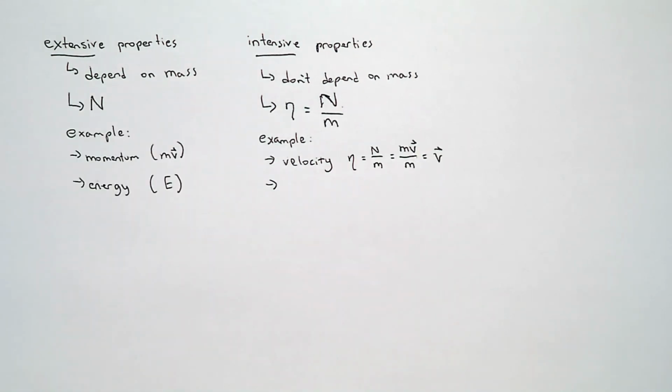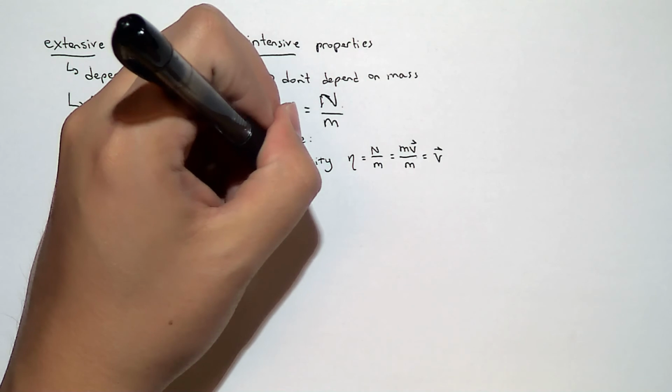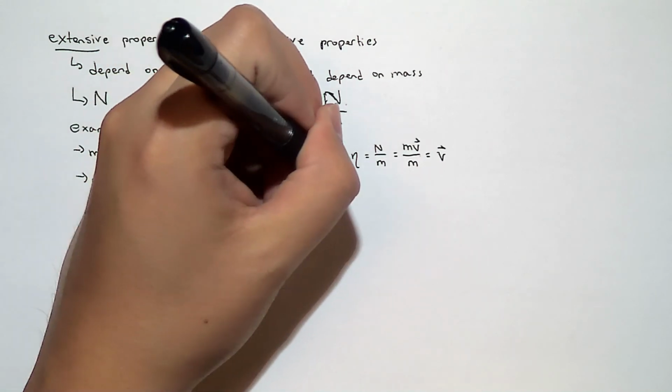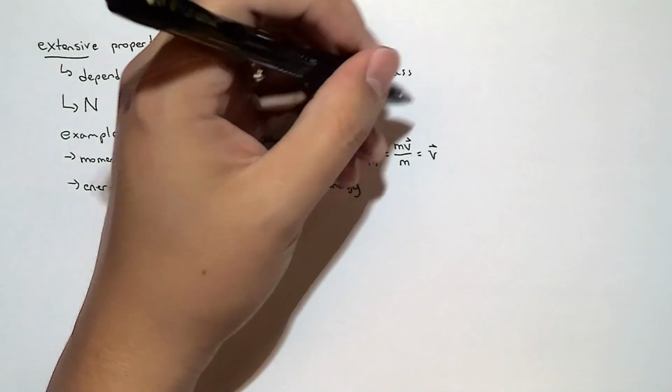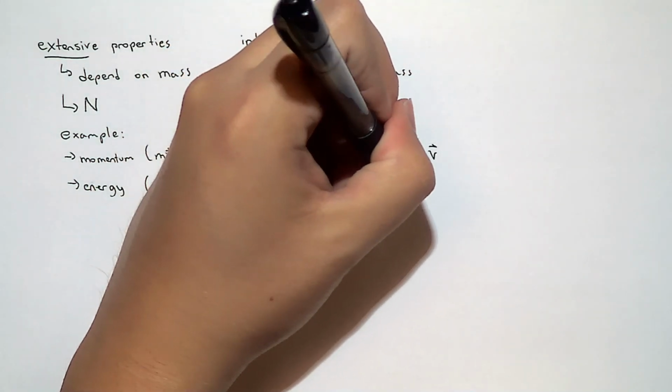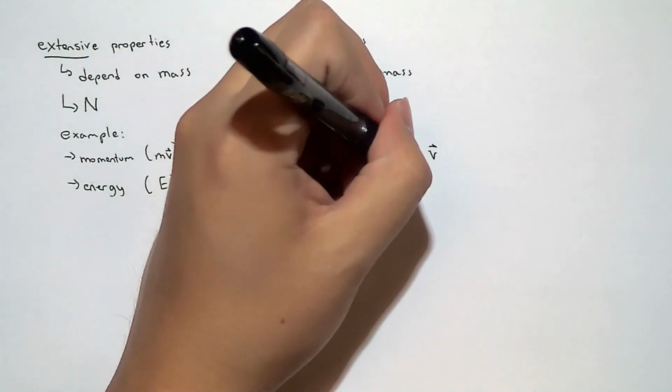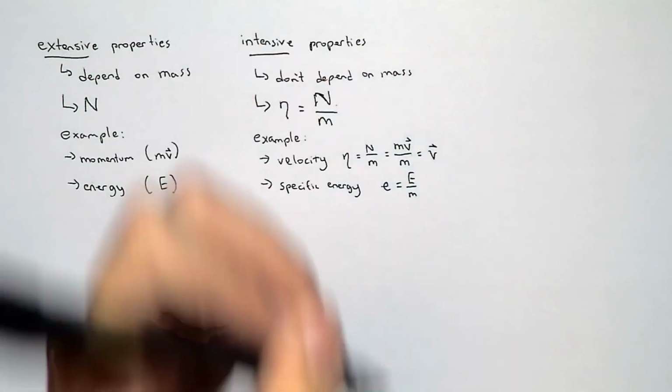For energy, if you haven't taken thermo, it's okay. The corresponding intensive property is called specific energy. We typically write the specific energy with a lowercase e, which is simply the energy divided by its mass.